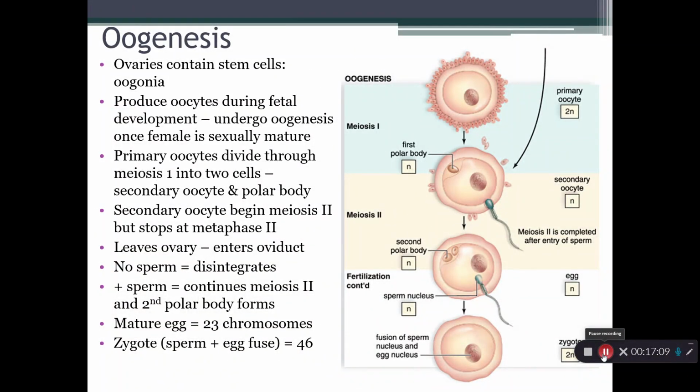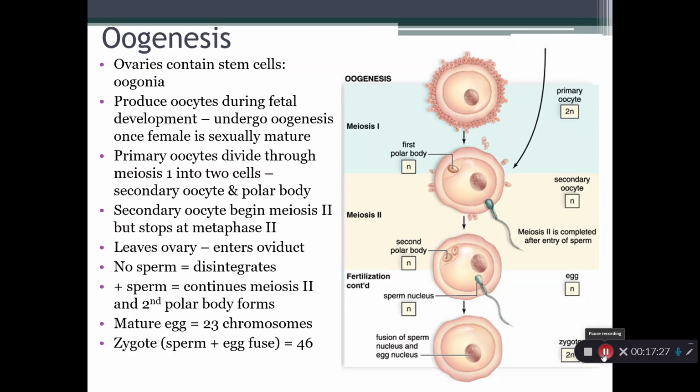Oogenesis is the production of egg cells. Ovaries contain stem cells. It's interesting. They're produced during fetal development. So when a little girl is born, she has all the egg cells. They're premature, but that's all that she's going to make.